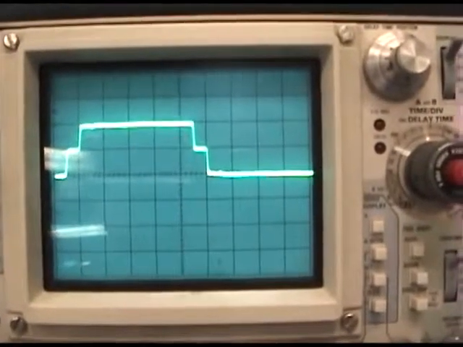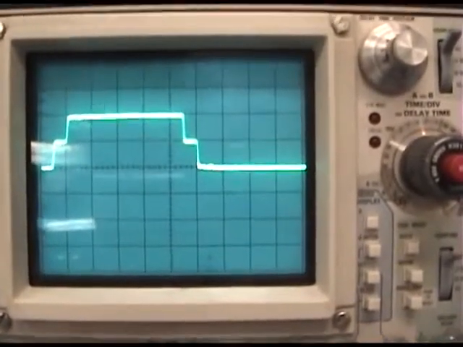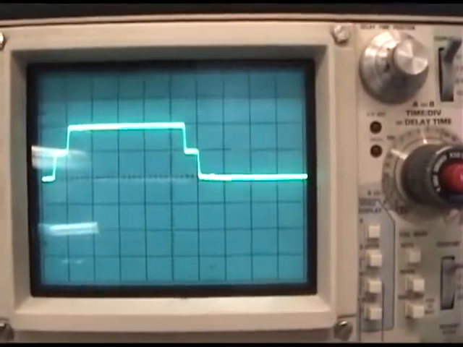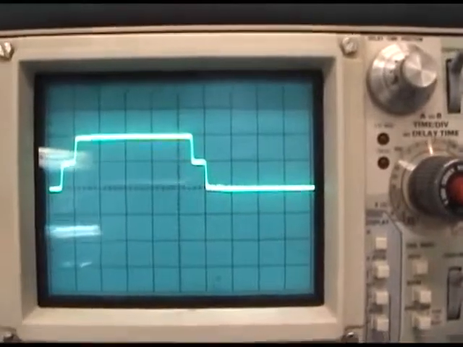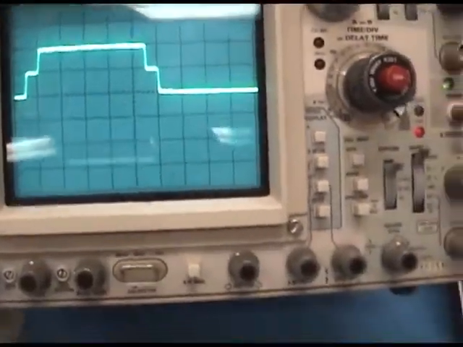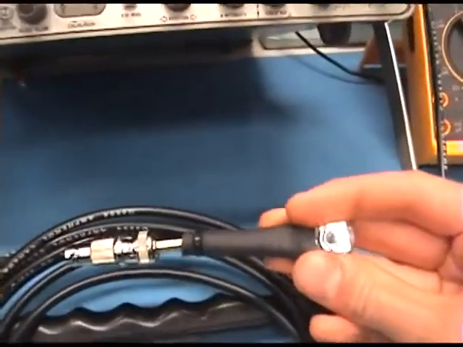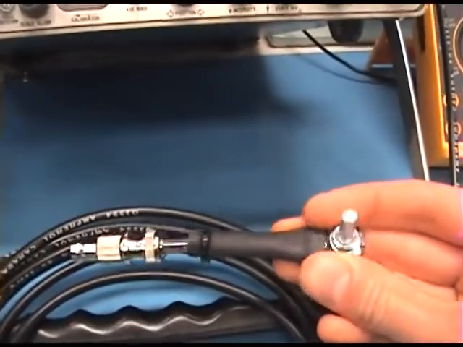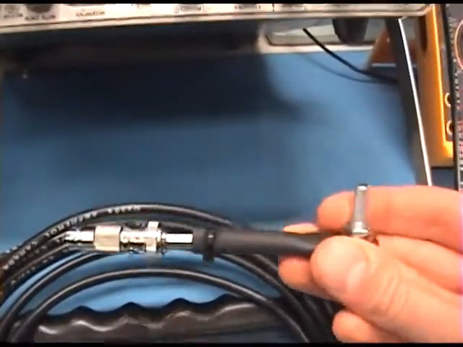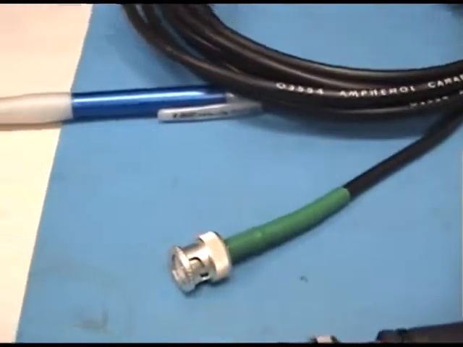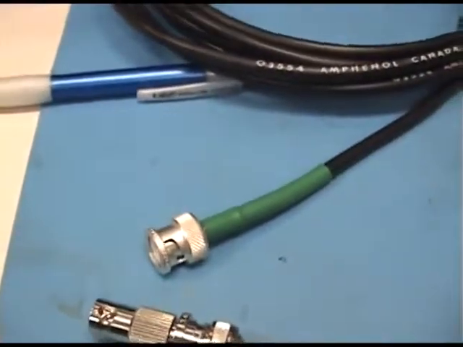You can also determine the impedance of a cable by connecting a potentiometer to the end of the cable. So I have this potentiometer here. I soldered it to a BNC connector, and I'll just place it onto this cable.